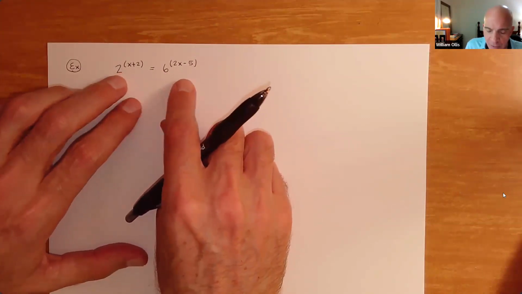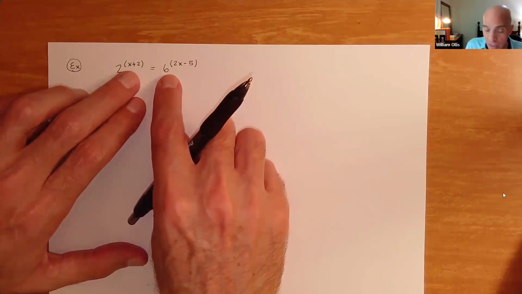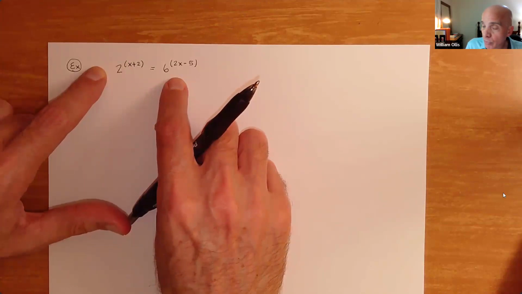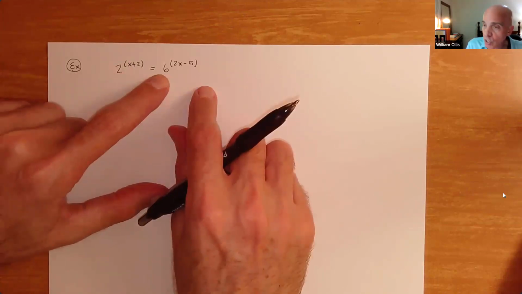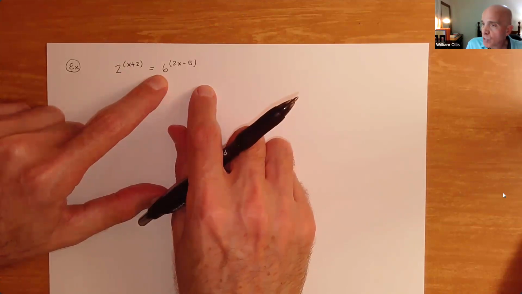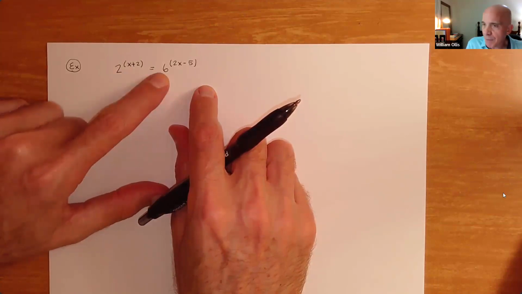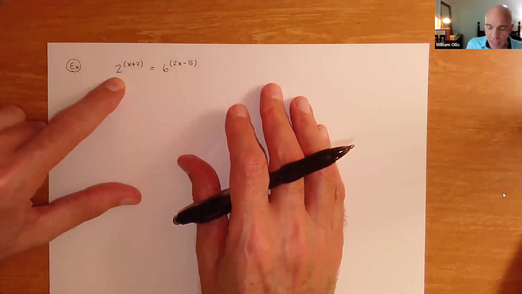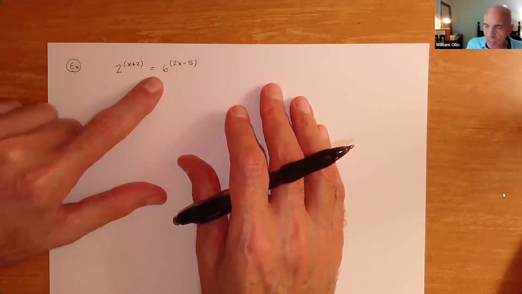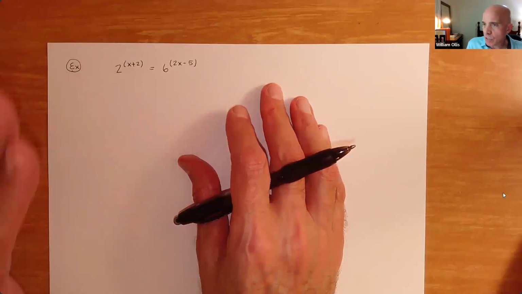So you might be thinking we could use a particular base and the power rule, like a base e or a base 10, or we could just use change of base, which is fine. I mean, maybe we want to just change the base 6 to base 2, and then if we wanted, we could change the base 2 to base e. Or you could just say, take natural logs of both sides and use the power rule. You've got many, many ways to do this.